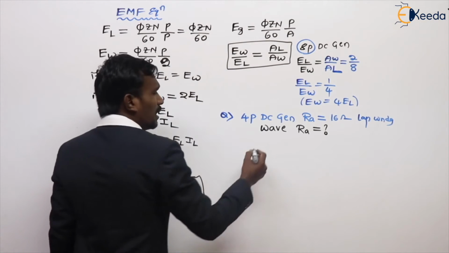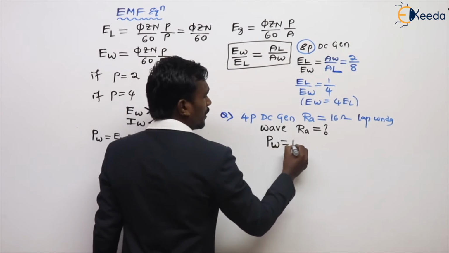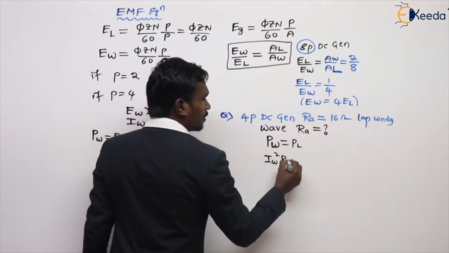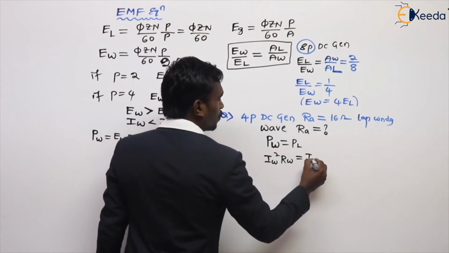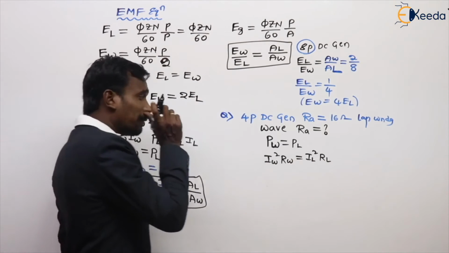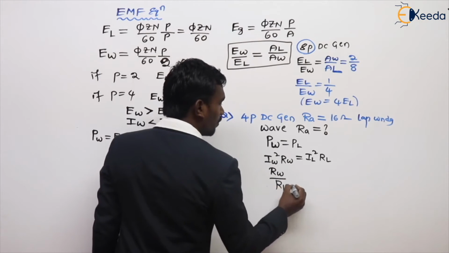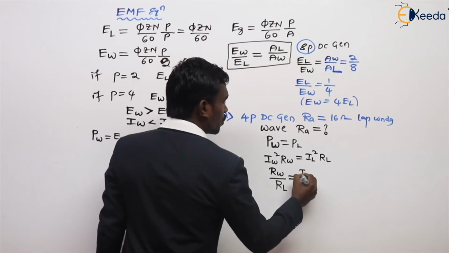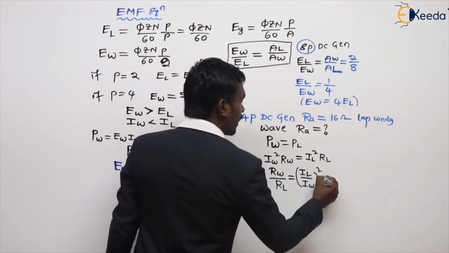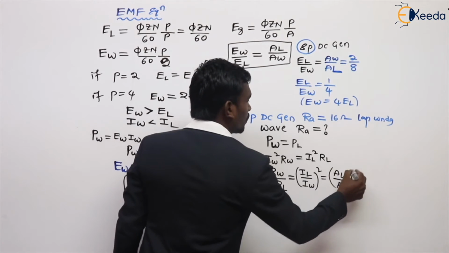Very simple. I already said that the power in lap winding is equal to the power in wave winding, nothing but I squared R equals I squared R. What I want: the armature resistance in wave winding to the armature resistance in lap winding is equal to IL upon IW whole squared, nothing but AL upon AW whole squared.